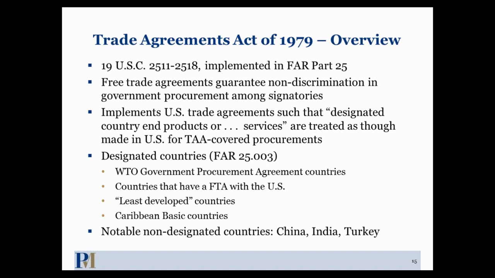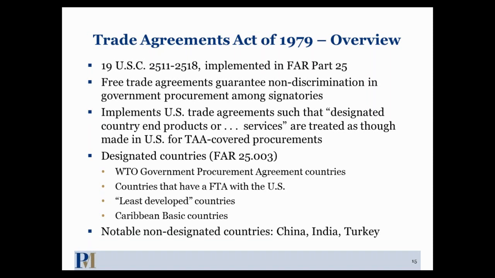It implements U.S. trade agreements, because we have these agreements with certain countries, designated countries, and again, the FAR lists these countries. The World Trade Organization Government Procurement Agreement countries beyond the U.S. are countries like Canada and the EU and Hong Kong, Japan.